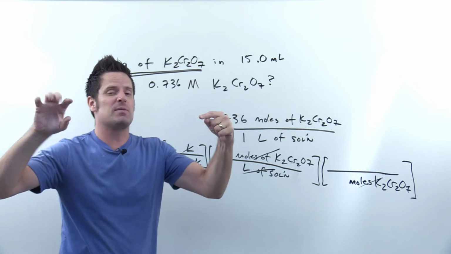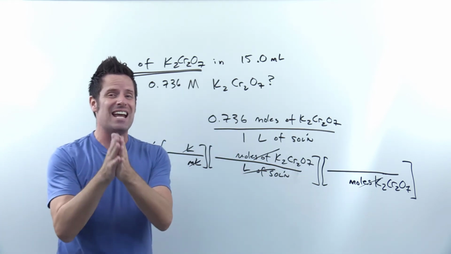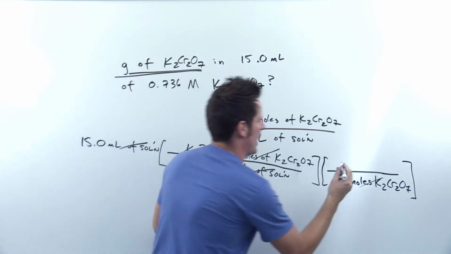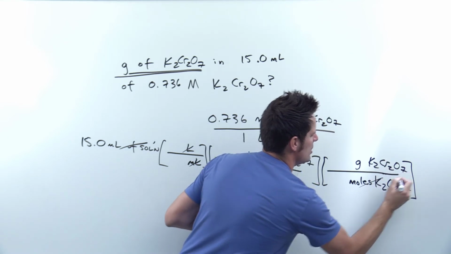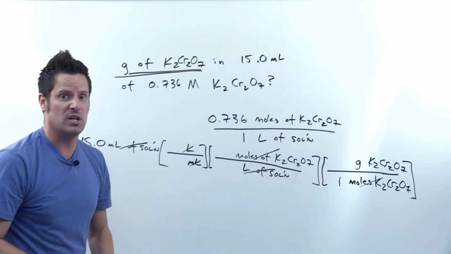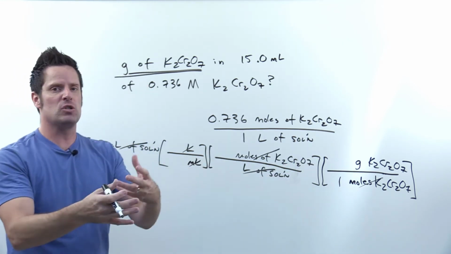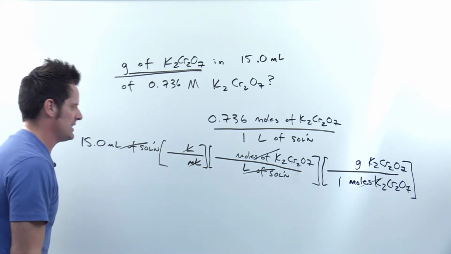Moles of one thing and grams of the same thing can touch. In what way? By using that substance's molecular weight, okay? So I can put grams of K2Cr2O7 in the numerator. 1 mole of that thing will weigh a certain number of grams. And I pull that from the molecular weight for this particular molecule using the combined atomic weights of the substances in that formula from the periodic table.